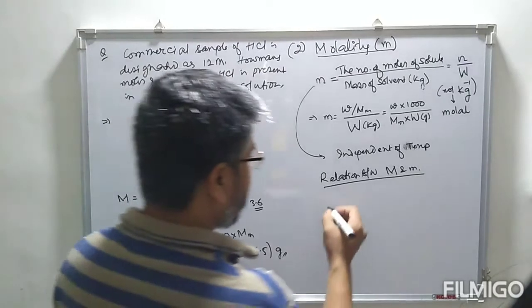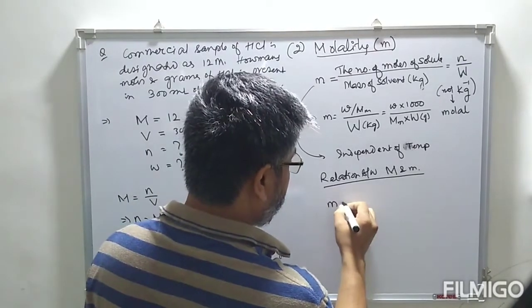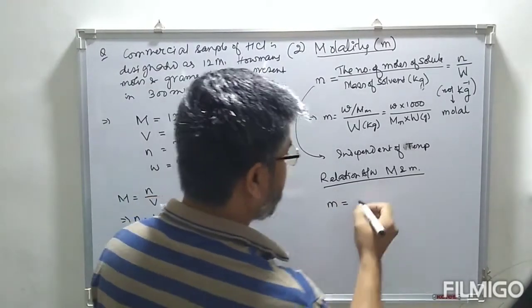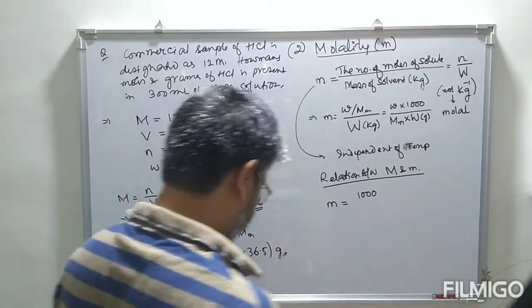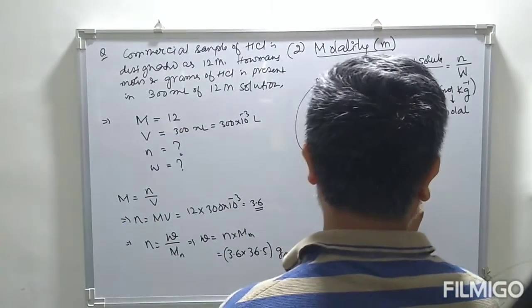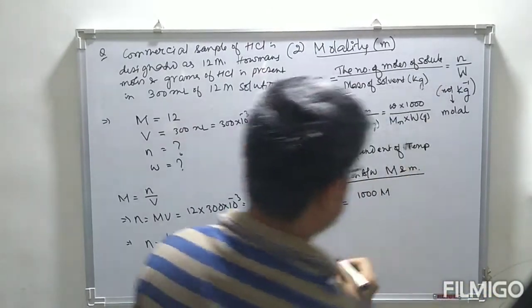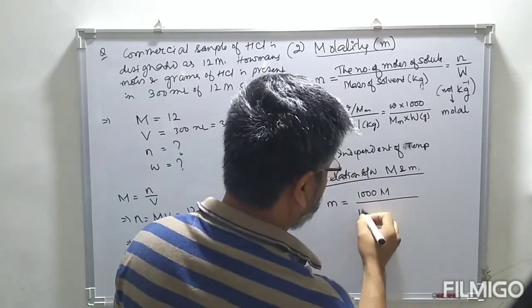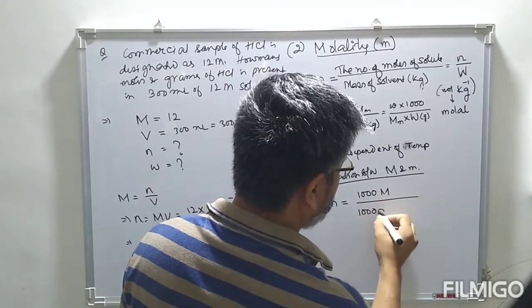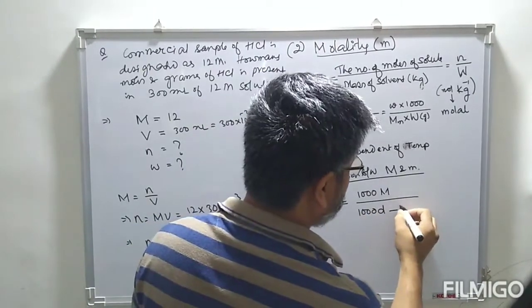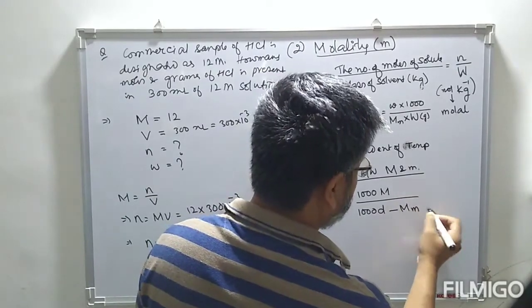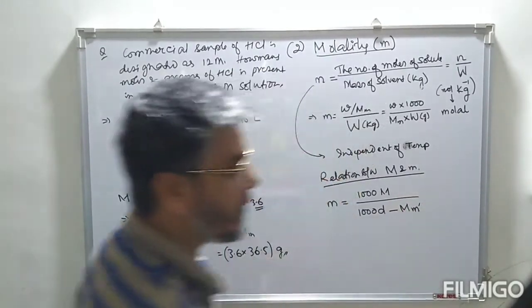Molality, small m, is equal to 1000 times capital M divided by 1000 times D minus capital M times small m prime.